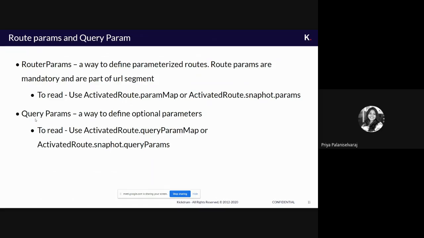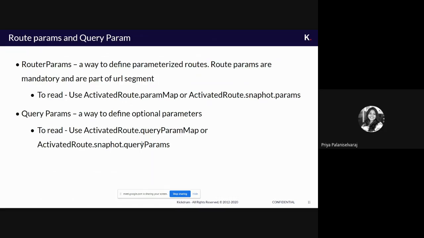The next thing is query params. So this is another way to specify the params. Whenever you are redirecting to a specific URL, you can add some data to that URL so that the receiving component can utilize that data.